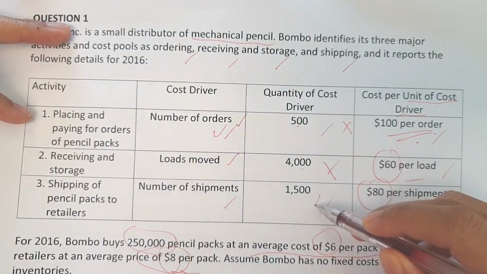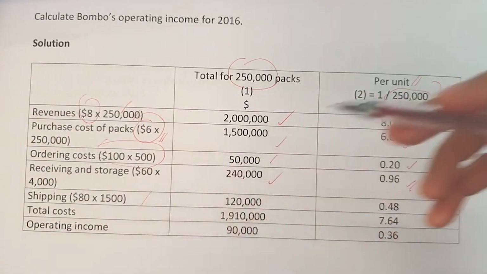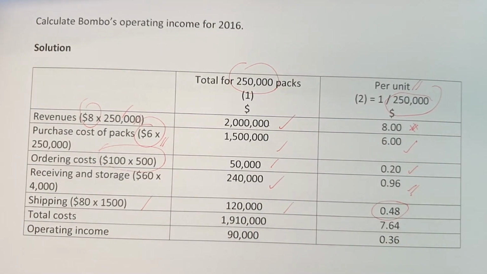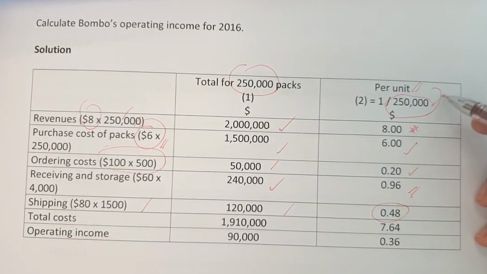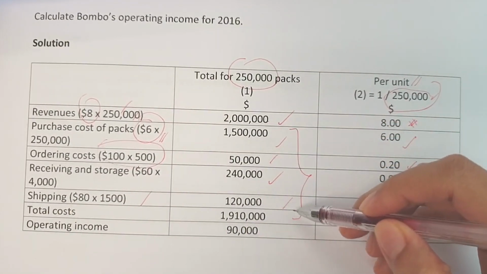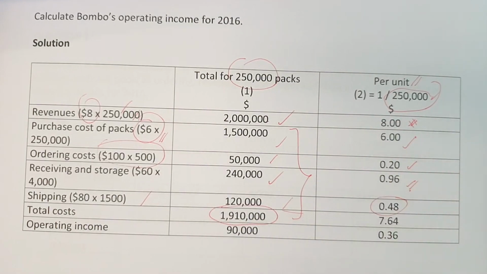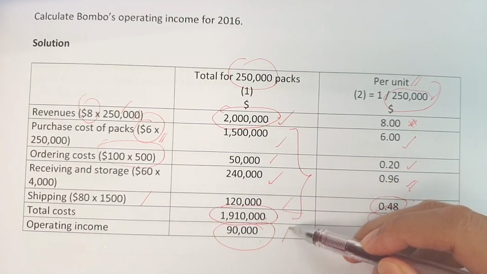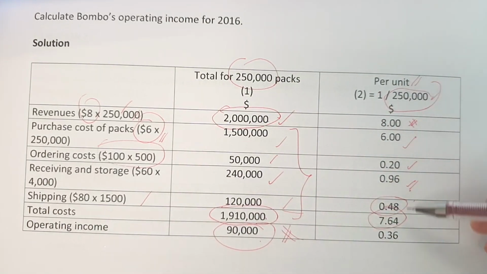Shipping is 80 per shipment times 1,500, so we get 120,000. This is the per unit figure after we divide by 250,000. So the total cost, which includes the purchase cost and the rest, is 1,910,000, and the per unit cost is 0.64. And you have to subtract this from the revenue, and then we get the operating income of 90,000, and the operating income per unit is 0.36.